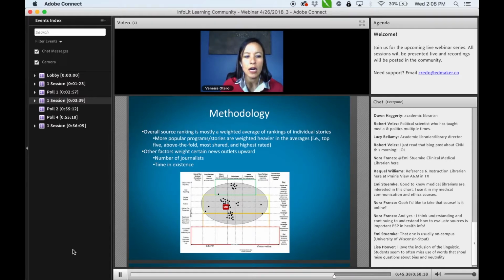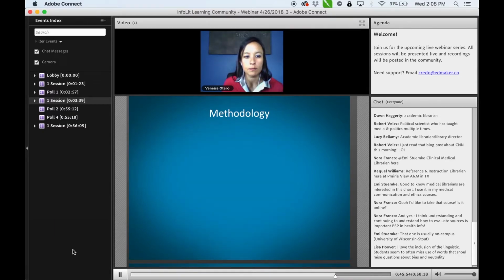There are certain evening shows on the major news networks that are highly opinion driven, and if those are highly opinion driven and highly rated, that's really going to drive the overall rating of that source into the opinion columns. All right, so content analysis, the more closely we look, the more accurately we can rank it.